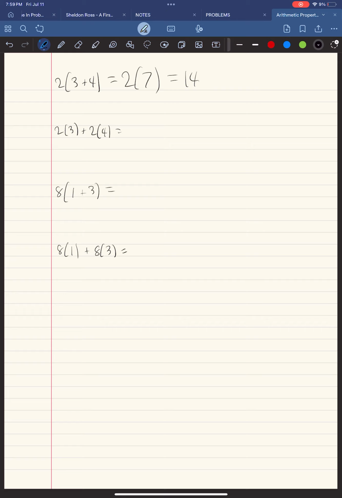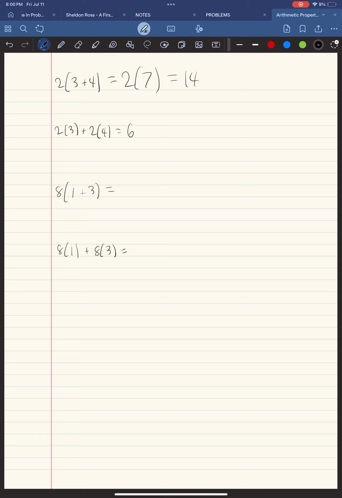Cool. And then the distributive property, if we take 2 to be equal to a, 3 to be equal to b, and 4 equal to c, states that we can do this to it: 2 times 3 plus 2 times 4.